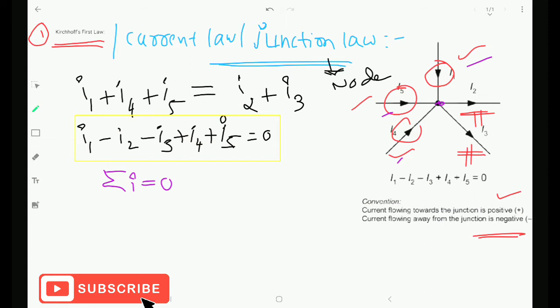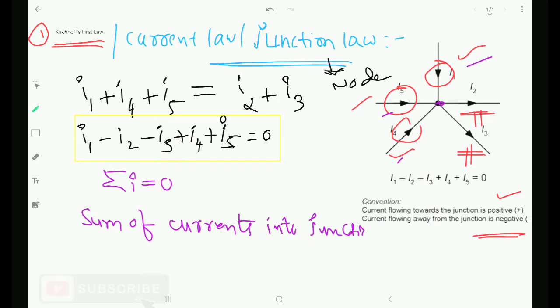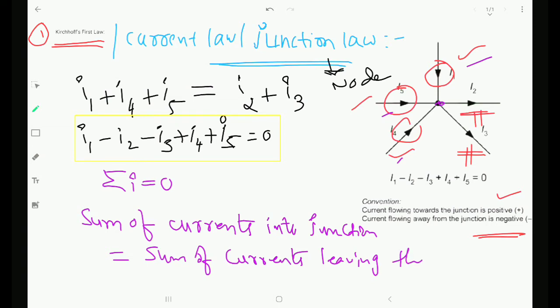So according to Kirchhoff's first law, the sum of currents into the junction is equal to the sum of currents leaving the junction, or the net current at the junction is 0.